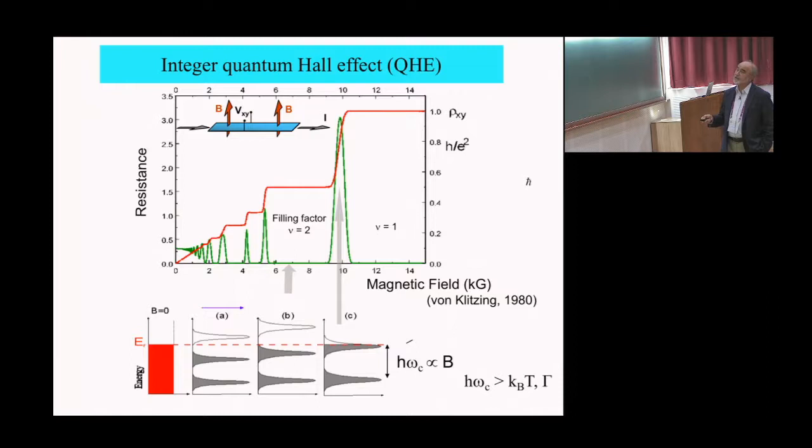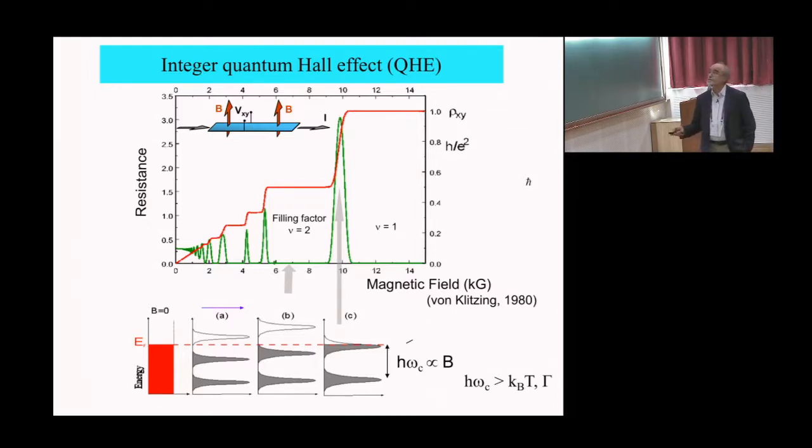The number of states is also proportional to the magnetic field, so you can get all these electrons into just one level if you make the magnetic field large enough. So we will concentrate on the limit where all the electrons are in the lowest Landau level. I haven't shown the spin splitting, but there's also a spin splitting. That's just more of a caricature. This is the orbital Landau quantization.